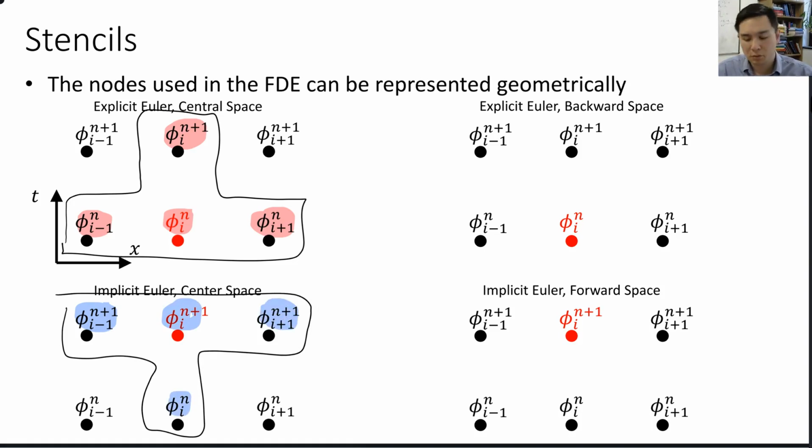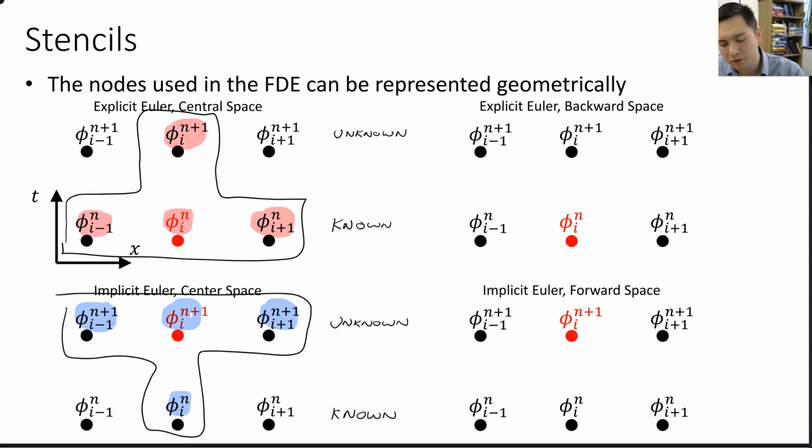So why might these be important? Well, again, if these are our knowns and these are our unknowns, it gives us an idea that some of these equations might be coupled. So for our implicit case, we see that we have a system of coupled equations because we have multiple unknowns showing up.